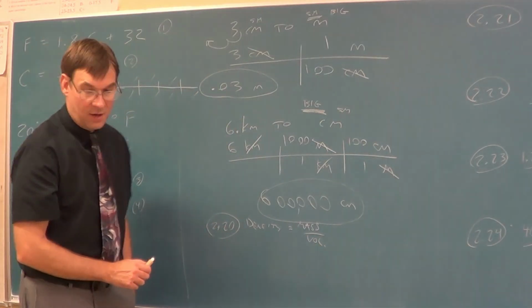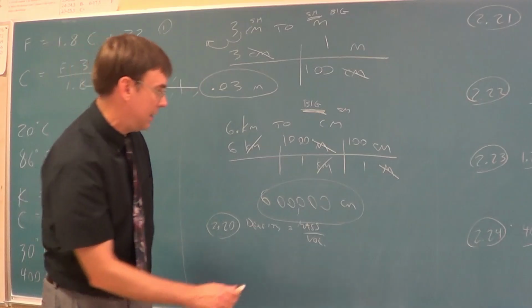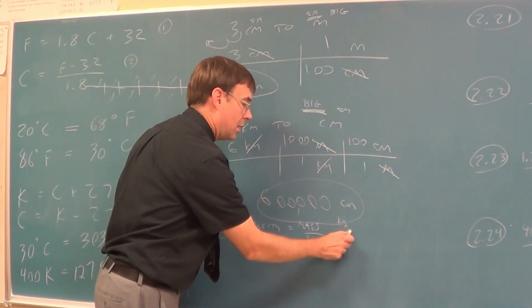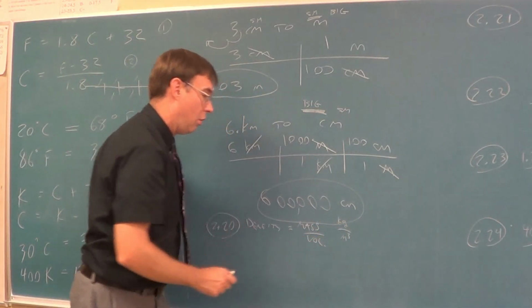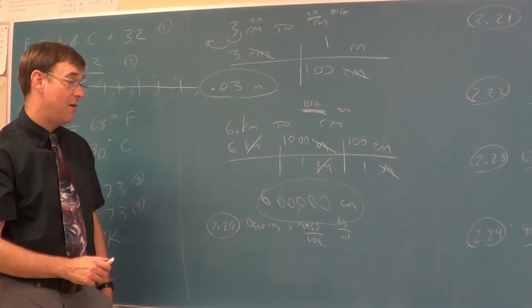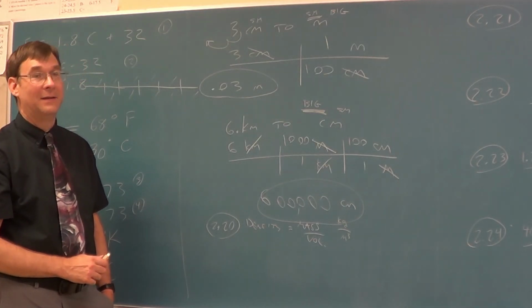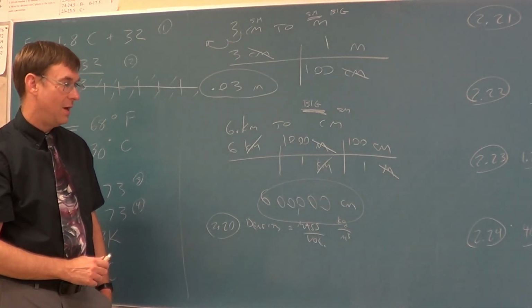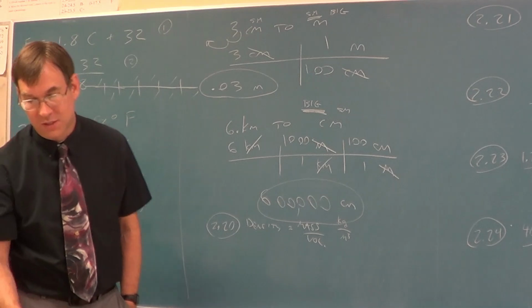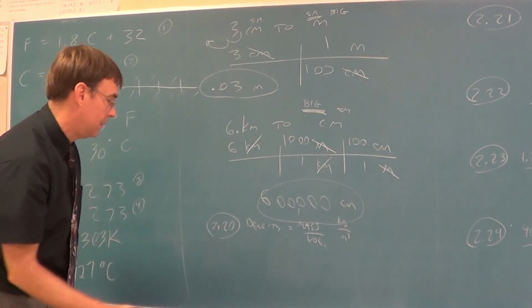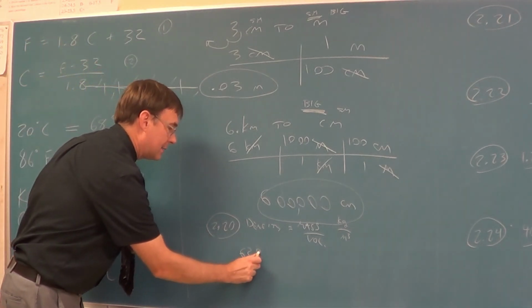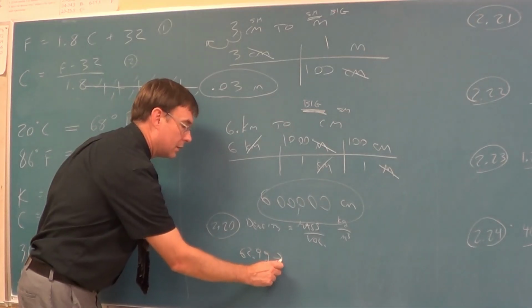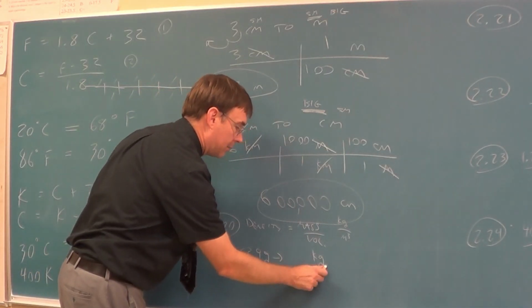So if they're asking for the density in kilograms per meter cubed as the goal, it would be nice if they gave you the mass in kilograms. Unfortunately, they don't. They gave us the mass in grams. So we're going to need to take 62.9 grams and turn that into kilograms.